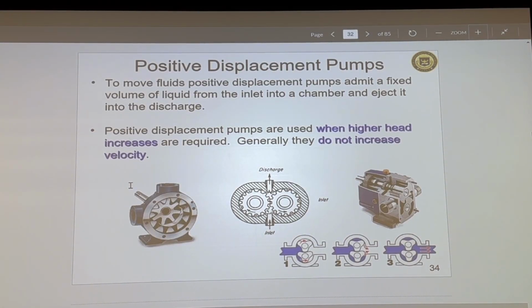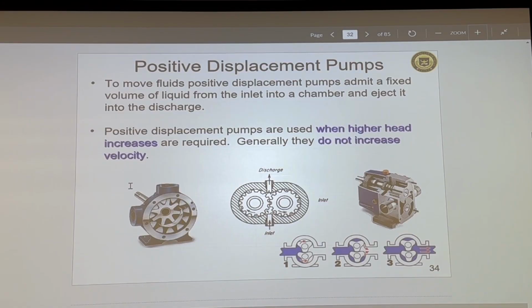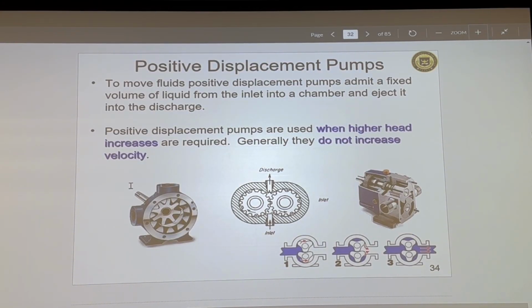The gaps between the rotating mechanism and the stationary mechanism are very tight, and the whole idea of making them precise with low clearances is that once the pressure is developed, the fluid tries to leak. By having very tight tolerances, you're preventing that leak. When I say leak, I don't mean outside of the pump, but within the pump itself, where you want minimized leakage.